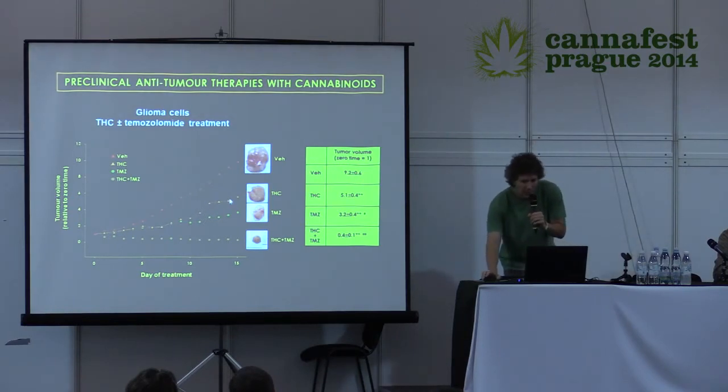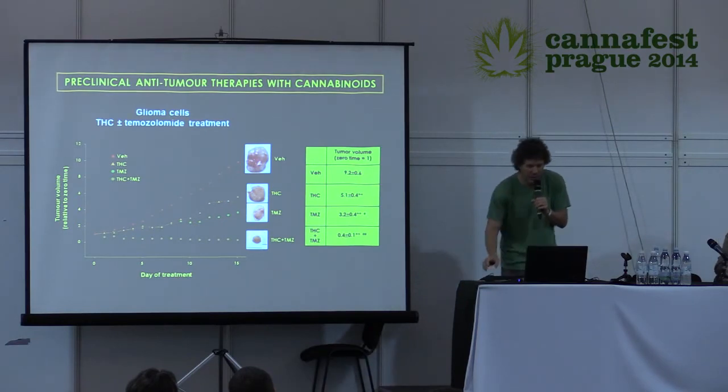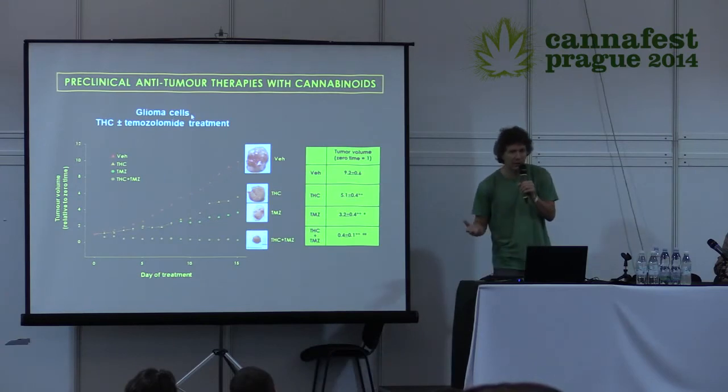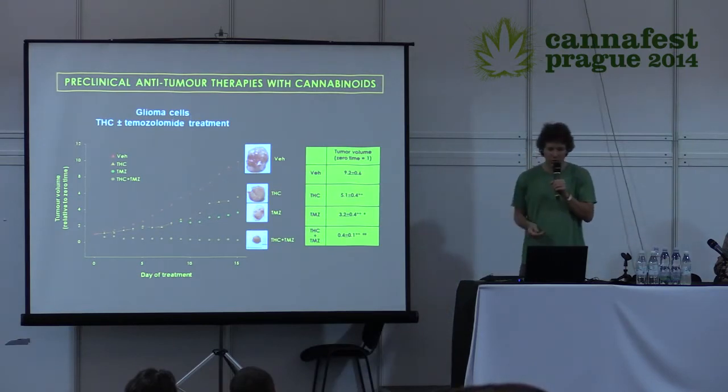This is an example of what we have done so far, and one of the most representative, illustrative examples of this. In this case, we have combined THC with another anti-tumor drug that is being used nowadays for brain tumor patients, for glioma patients. This is a very malignant type of cancer that has no solution today.